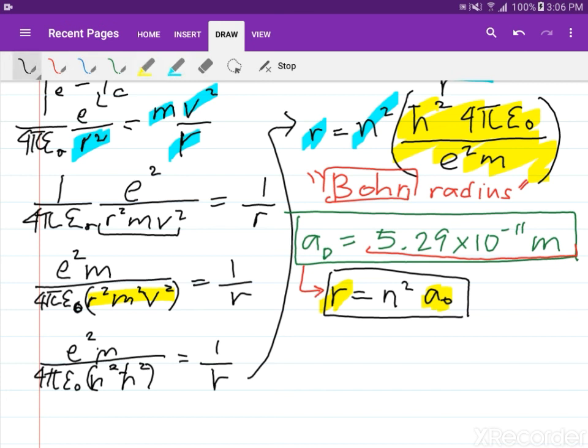We would have values of n ranging from 1, 2, 3, and so on. For example, if n equals 1, the electron orbit would have its minimum distance from the proton. The electron would be orbiting 5.29 times 10 to the minus 11 meters away from the proton.